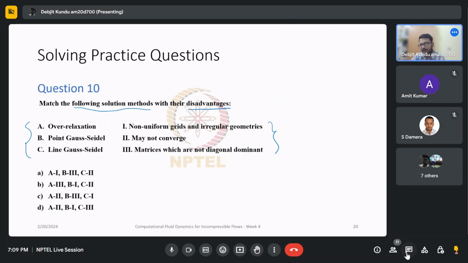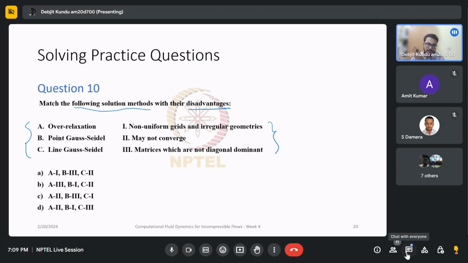The left column consists of option A, over relaxation, option B, point Gauss Seidel, and option C, line Gauss Seidel. The corresponding disadvantages are: 1, non-uniform grids and irregular geometries; 2, may not converge; 3, matrices which are not diagonally dominant cannot be solved using that method.